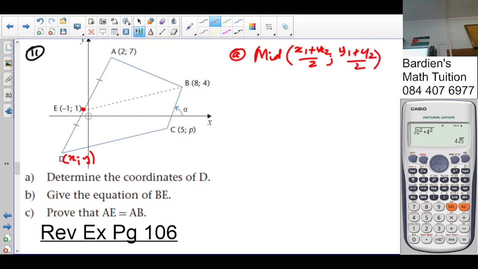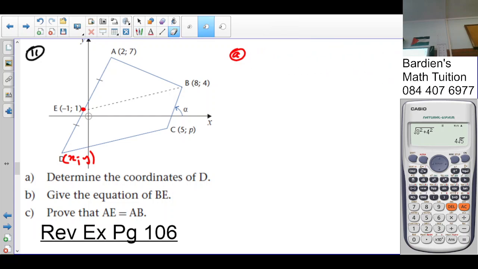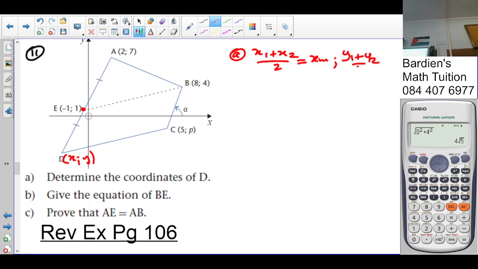That ends up giving us the coordinates of the midpoint, which is x mid, y mid. So x1 plus x2 over 2 gives us the x midpoint, and y1 plus y2 over 2 gives us the y midpoint.